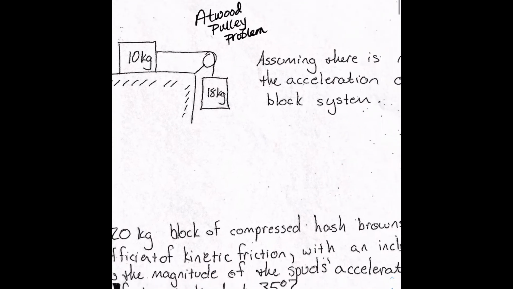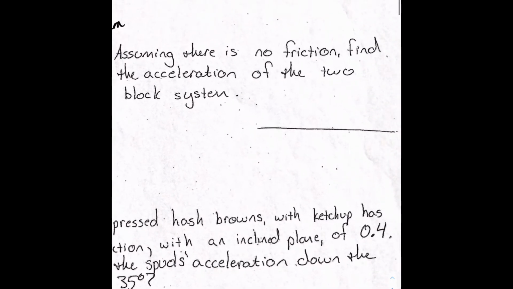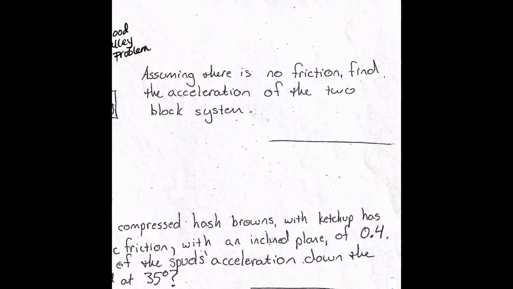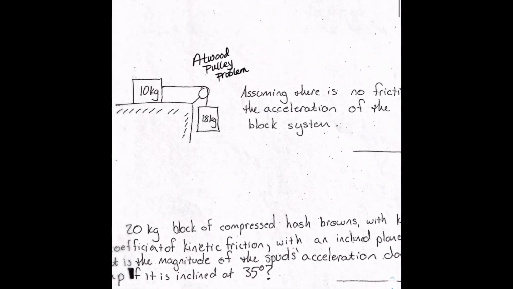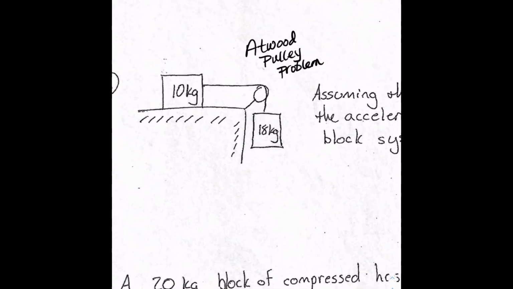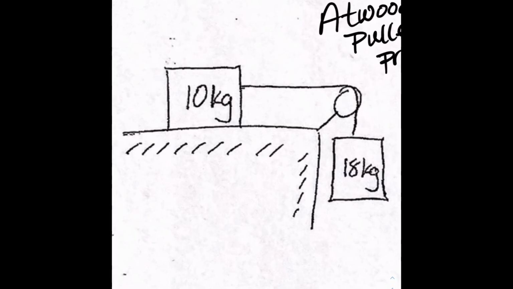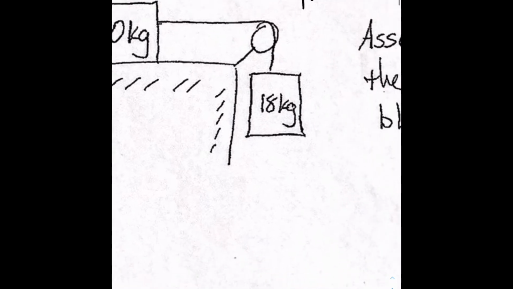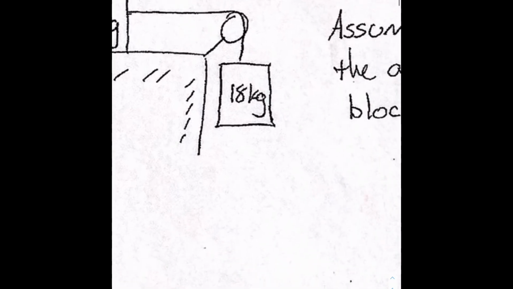Okay, so it says, assuming there is no friction, find the acceleration of the 2-block system. When the 2 blocks are connected like this by a string, the acceleration of the 10 kilogram block is the same as the 18 kilogram block.